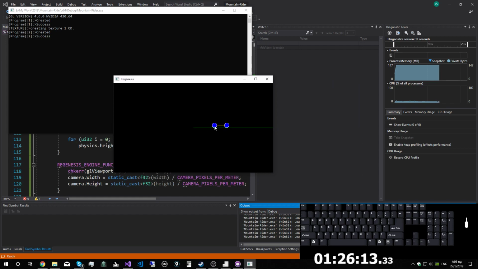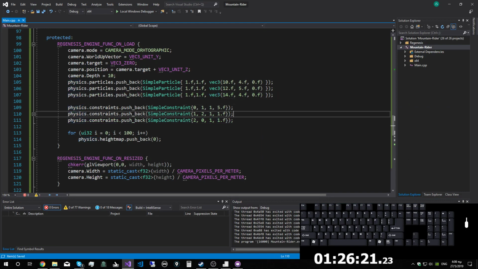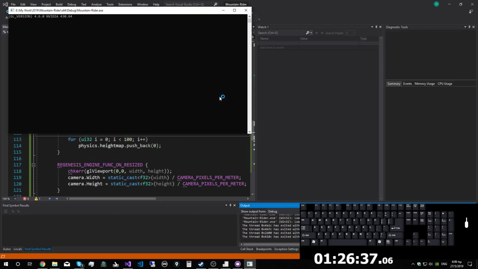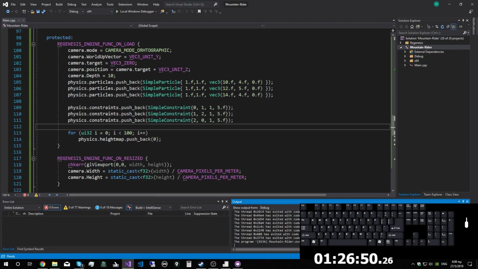Okay, and now we have the proper separation here. Let's try with 3, 5 meters each. No, it doesn't work.